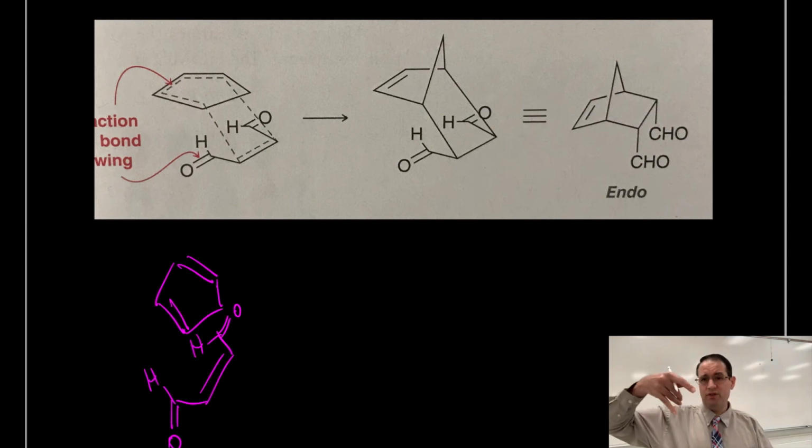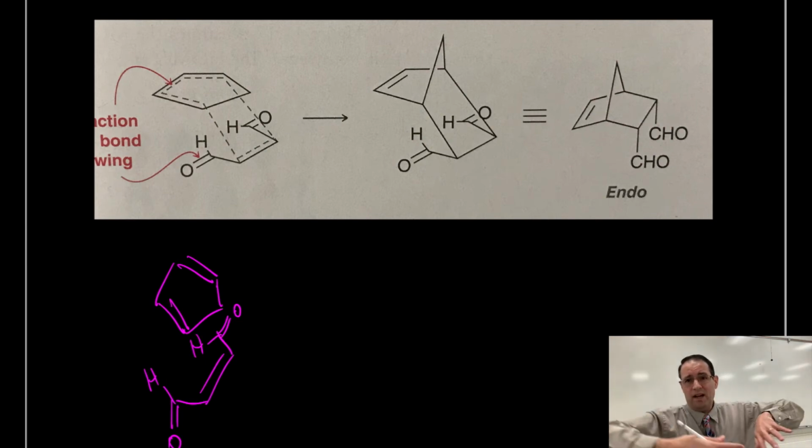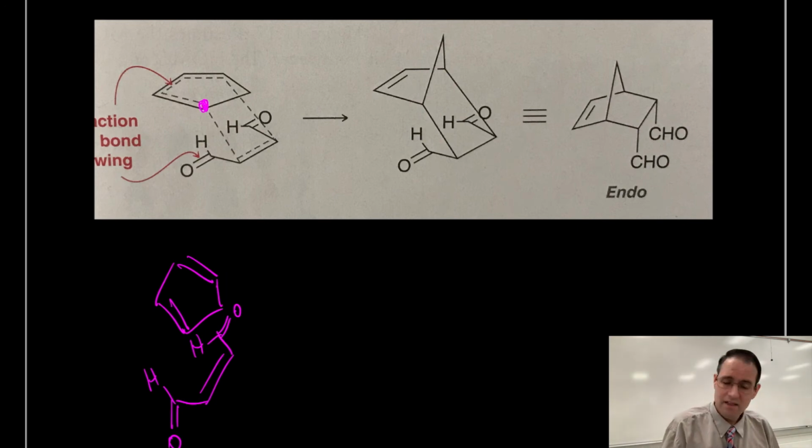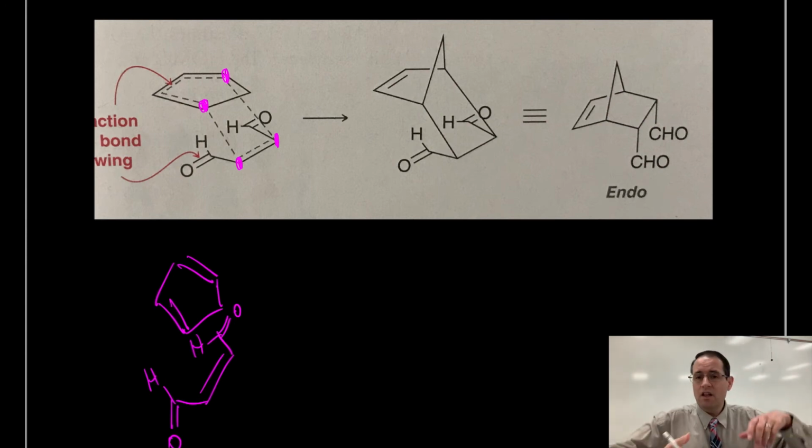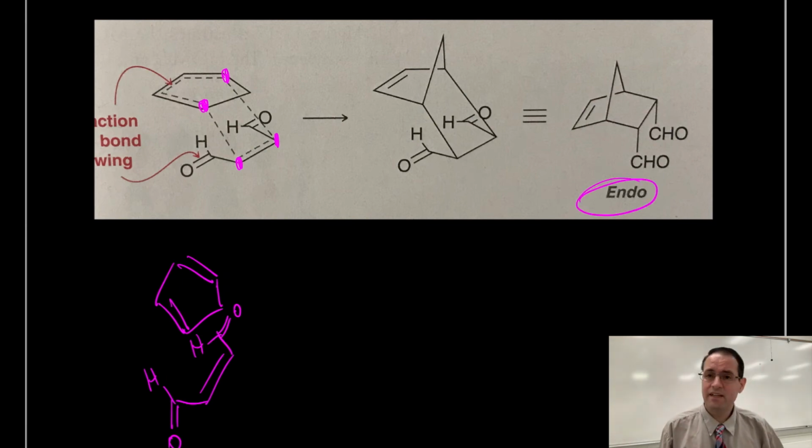And so what I'm trying to do is draw the alkene with those two aldehydes tucked under the ring. And when there's bond formation between these dotted purple carbons here in the top figure from Klein's organic chemistry textbook, the aldehyde is going to position itself underneath the ring. We call that endo. So whenever you have a bridge bicyclic ring forming from a cis dienophile, you want to draw those substituents on the endo side of the ring system.